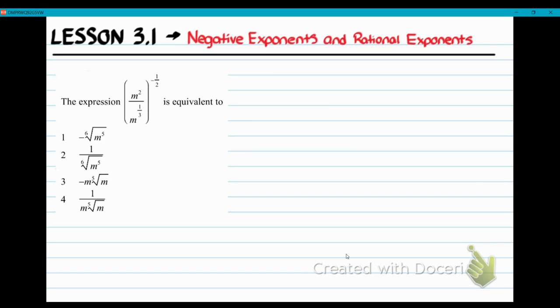All right, so this one says the expression m squared over m to the 1/3 raised to the negative 1/2 power is equivalent to. So you always want to try to simplify first. I can simplify what's inside because they have the same base, and when I'm dividing two terms with the same base, I subtract the exponents.